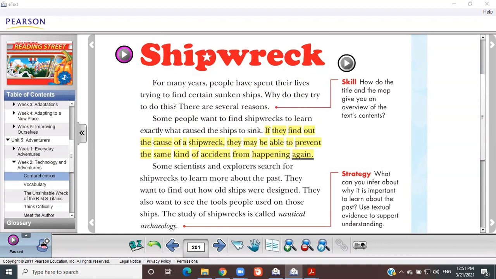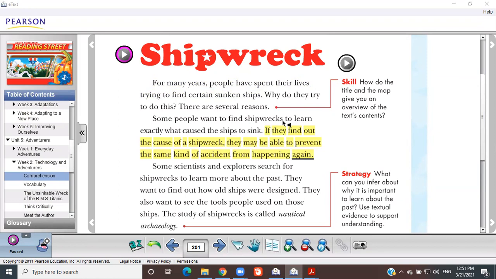This is our first reason. What is it? Why do people want to find sunken ships? Because if they found out the cause of a shipwreck, they may be able to prevent the same kind of accident from happening again.